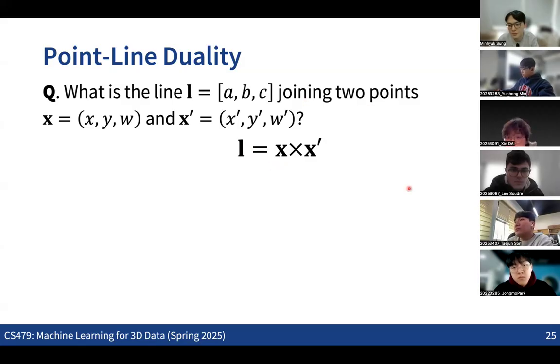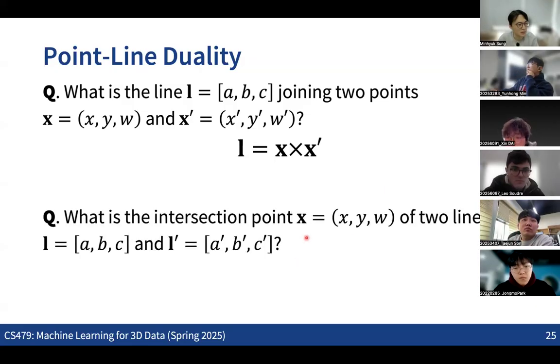The interesting thing about this representation is that we can do similar things. Now let's think about having two lines with two different parameters. How can you find the intersection point of those two lines? Actually, it's the same thing.